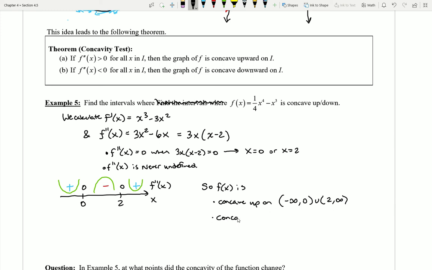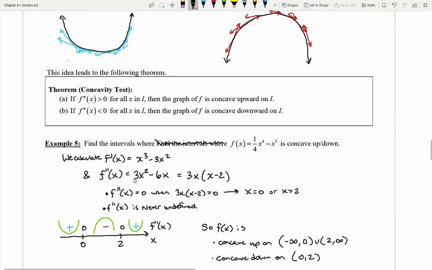But of course, it is concave down on the interval from 0 to 2. So this is the information that we actually have here. This is how I would go ahead and actually determine whether a function is bending in particular ways. So that's again how I can think about concavity. Which way is the graph kind of bending as it moves?